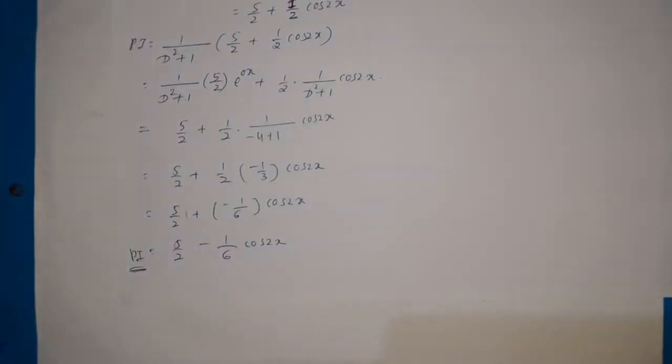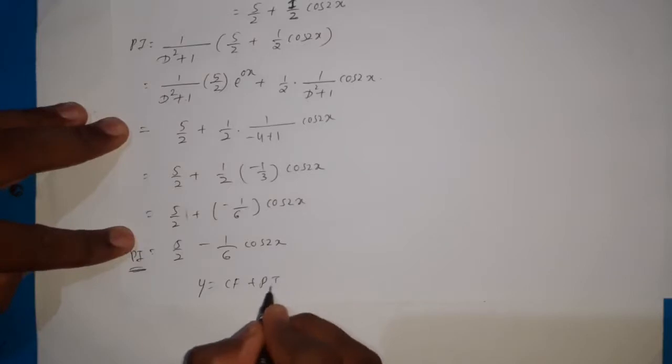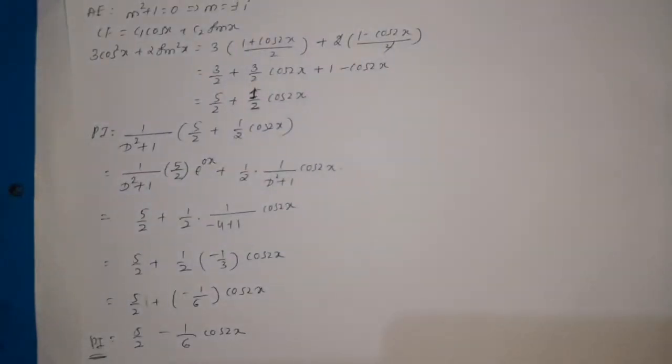So after getting the particular integral, write the complete solution. y is equal to CF plus PI. So to solve the differential equation, you should go through the identities of trigonometry which are given in second PU and first PU.